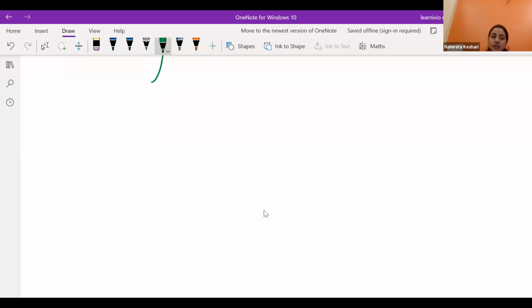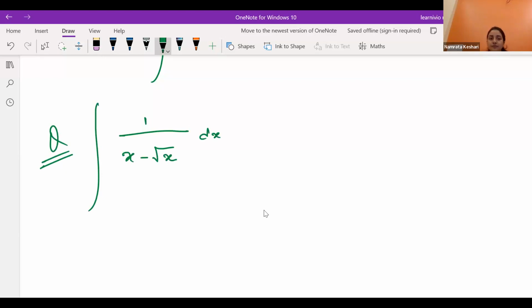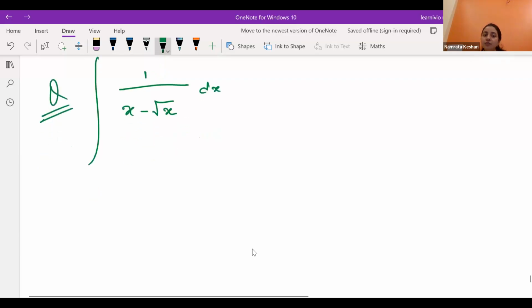Now we have to do the integration of another question: we have to integrate 1 by x minus root x dx. Again, we have to think about what can be taken as a substitution. For now, think about it. This type of formula we don't have in our formula list, right?